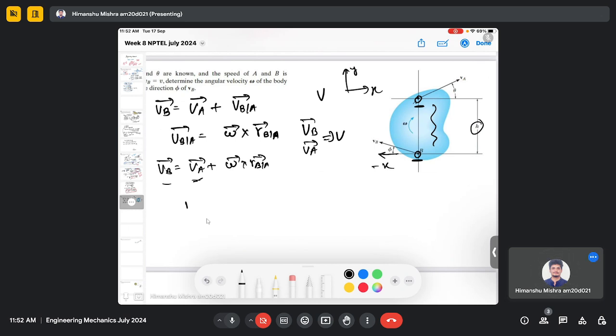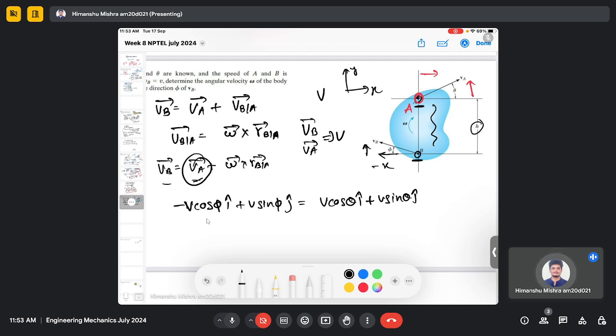So it will be minus V cos phi in the horizontal direction plus V sin phi, because it is moving in the positive y direction here. V sin phi in the y direction, and the velocity of point A. If I consider point A here, it is moving in the positive x direction and positive y direction. So it is V cos theta in the x direction plus V sin theta in the j direction.